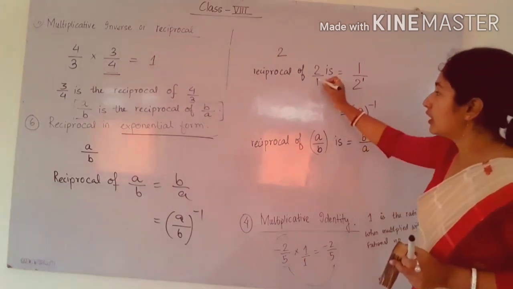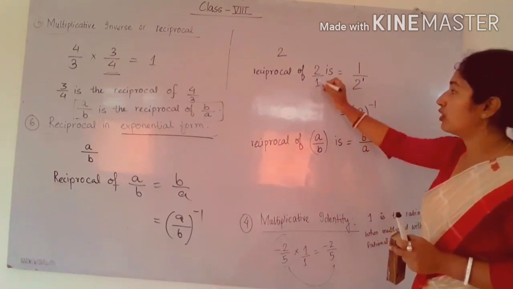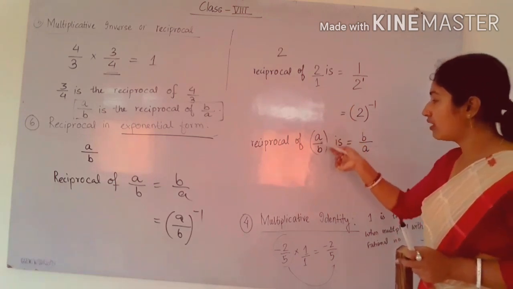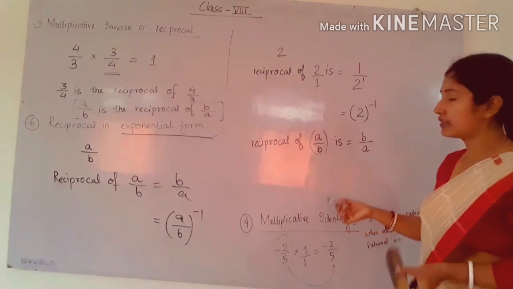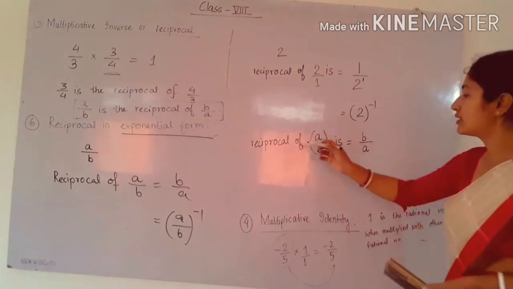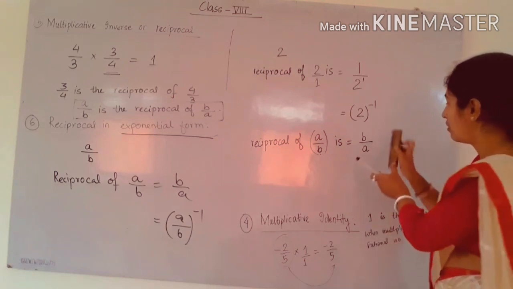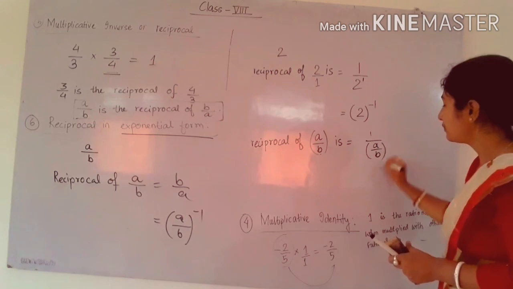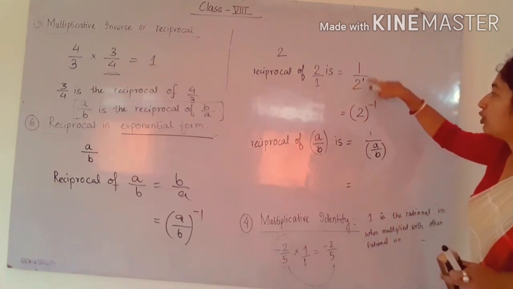Every time the denominator may not be 1. You have different examples also. So in general, I have taken A by B, where B may be any number except 0. So the reciprocal of A by B is what? B by A. You can write it like this, or you can write 1 by A by B. So I am writing 1 by 2 to the power 1.